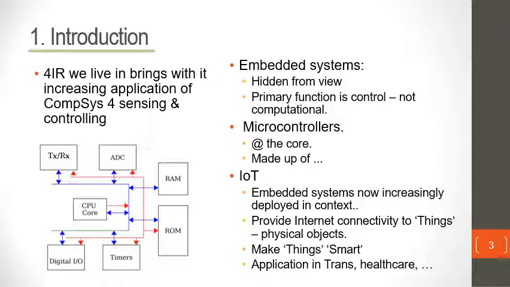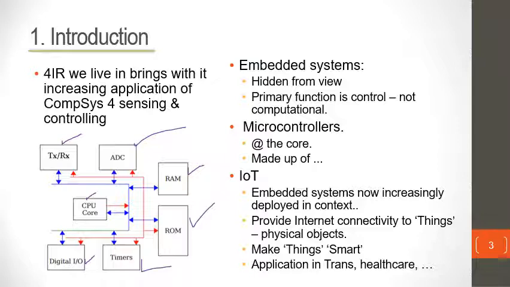These can be the communication transceiver, analog to digital converters, some memory, which includes RAM as well as ROM, timers, as well as digital input-output interfaces. At the core of these microcontrollers is the central processing unit core. Some of these microcontrollers can have multiple cores, but all of these work together to create a microcontroller.